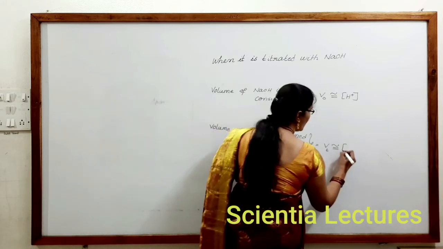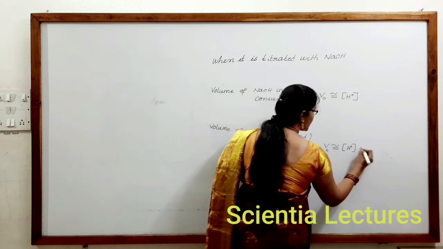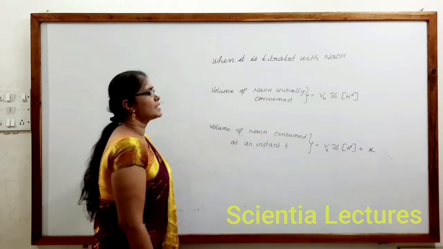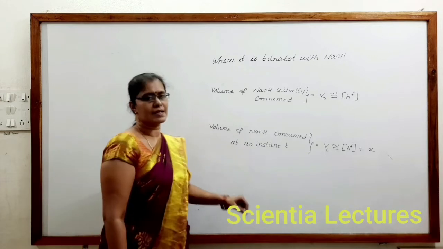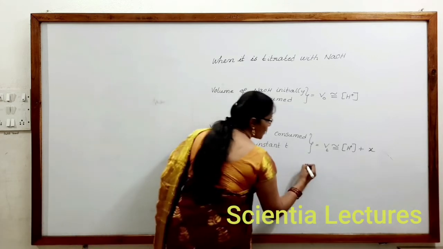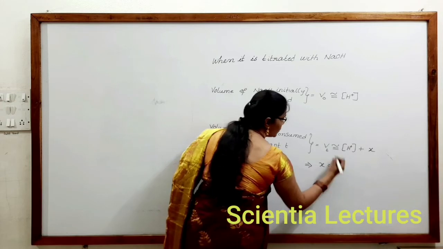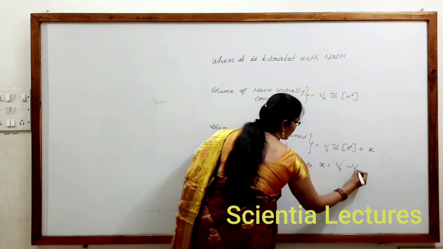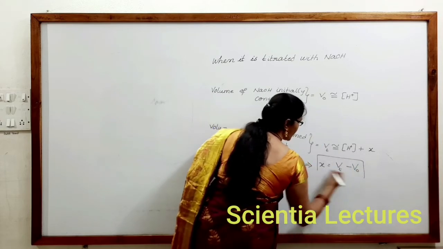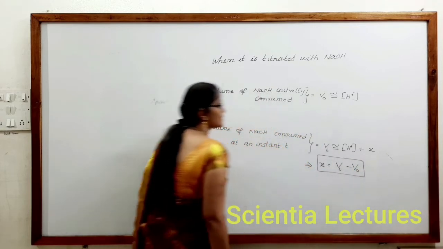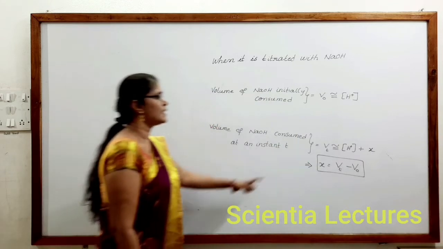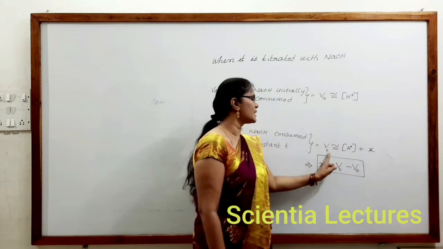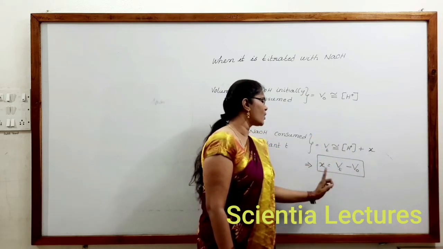So this is equal to the concentration of H plus plus X, where X is the amount of CH3COOH present at that instant. Which implies X must be equal to Vt minus the concentration of H plus, which is V0. So X in this problem is equal to Vt minus V0, because Vt equals the concentration of H plus plus X, but the concentration of H plus is equal to V0.